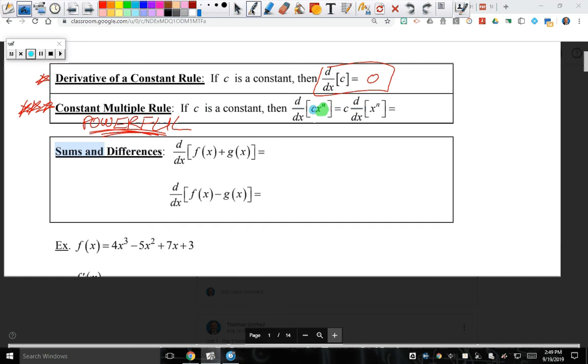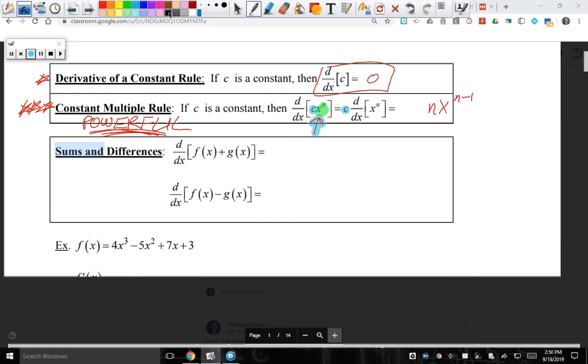Okay. So looking at that, if you're multiplying with a constant, what you can do is bring it out. So imagine I just pulled this c, it could be 2, 38, whatever it is, it's a number, and I moved it all the way over here. And all I'm going to do now is derive x to the power of n. Go with me? And x to the power of n would be n times x to the n minus 1.